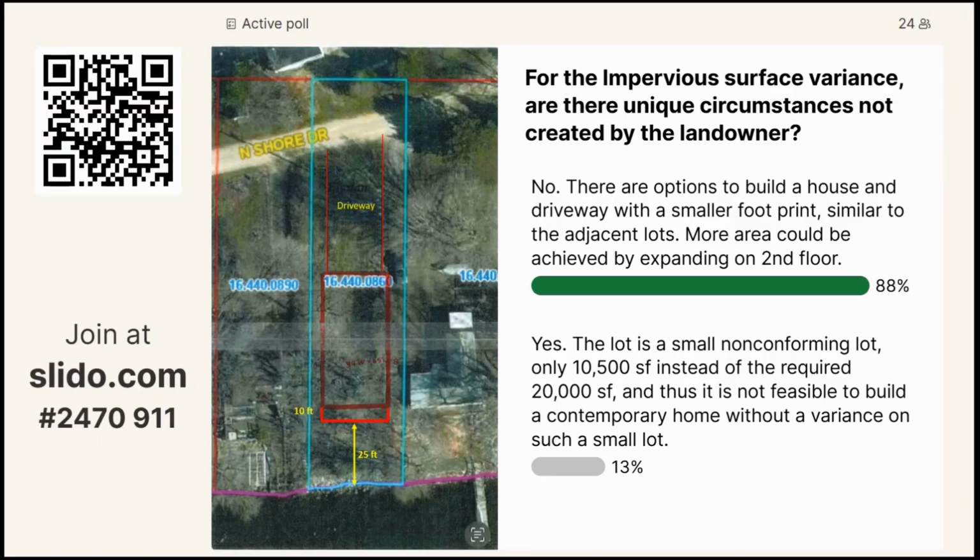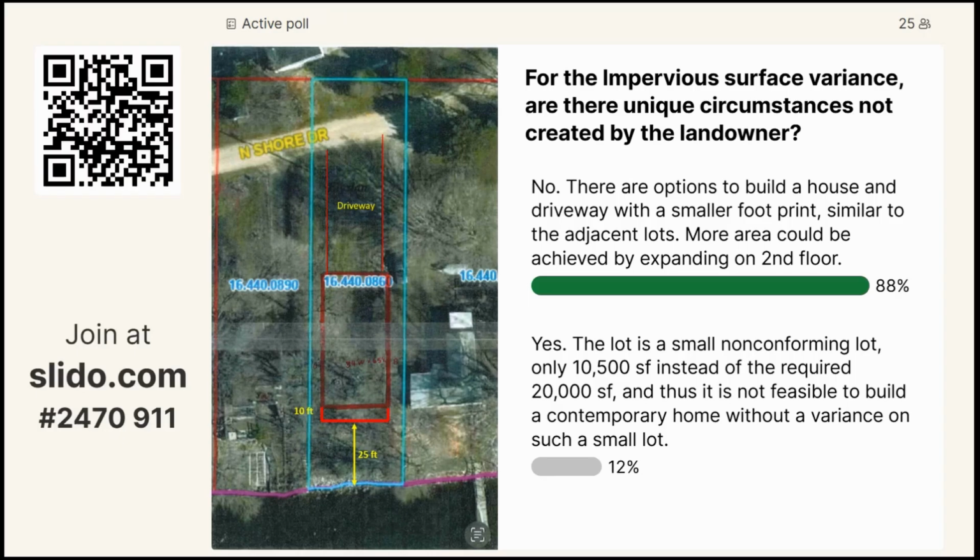I think that might be because the option that says yes relies on some conjecture that you cannot build a contemporary house on a 10,500 square foot lot without exceeding the 25% coverage limit. I think this line of thinking undermines the shoreline regulations without considering that the size of this structure is driven by owner preferences, especially when no alternatives have been considered. The structures on both adjacent lots have smaller footprints and meet the impervious surface limit.